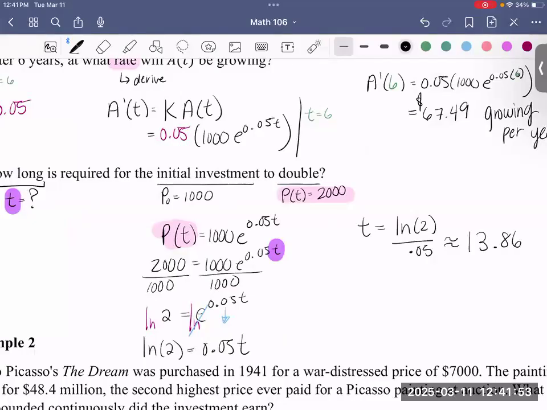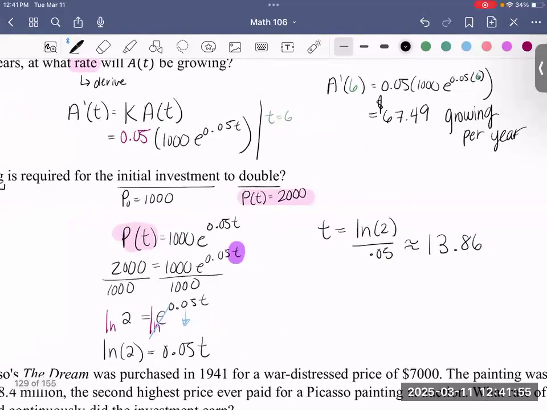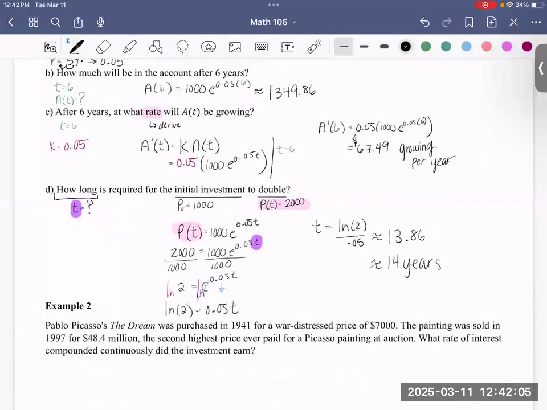So from a time perspective, we have completed 13 years and we're well into our 14th year. So really this is about 14 years. So it'll take us about 14 years for our initial investment of $1,000 to double into $2,000.